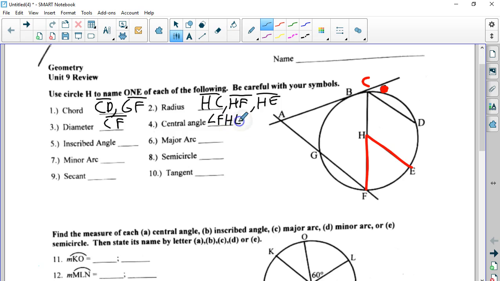The center H must be the middle letter. Another one would be CHE. That's another central angle. So angle CHE. Just for example.